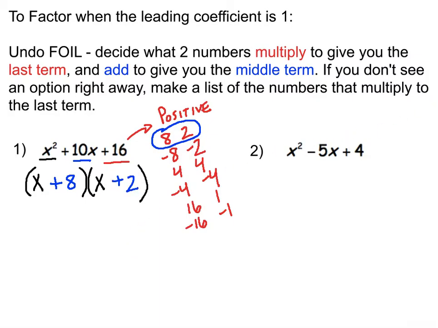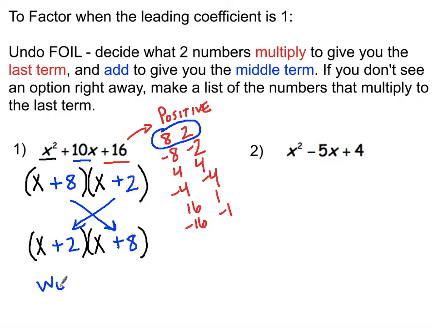And the order that you write these two terms in does not matter. What I mean is, I could have also written it as x plus 2, x plus 8. If I put the second one first and the first second, that does not matter because we are multiplying, so we can multiply in any order.